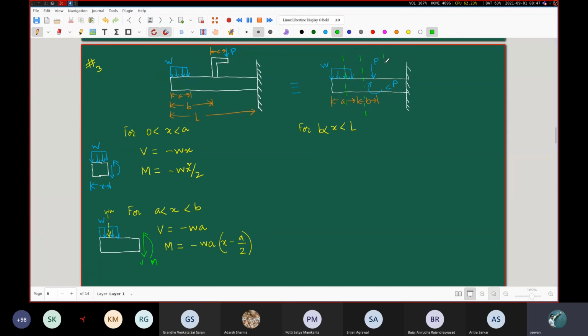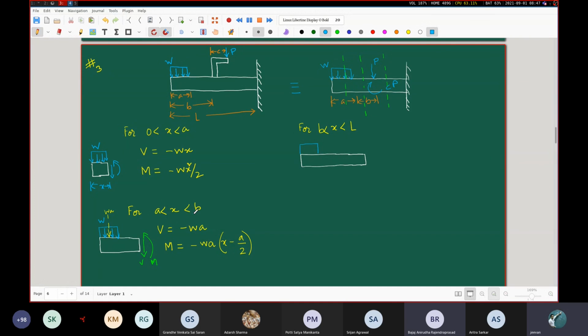a cut section in this portion. Now, when I am considering a cut in that section, you understand that force P and the couple that I had drawn will come into the picture. Sorry, there should be X from B minus A to B, for the second section?